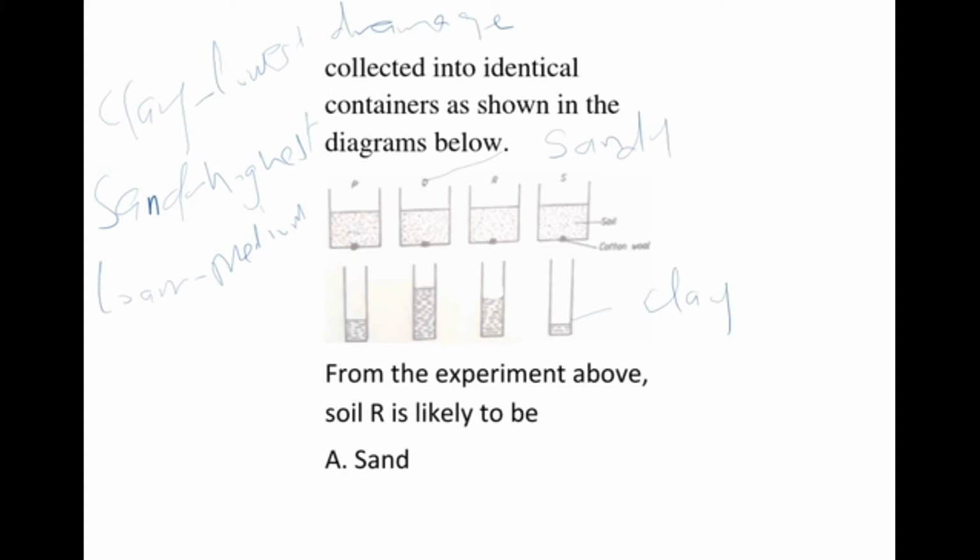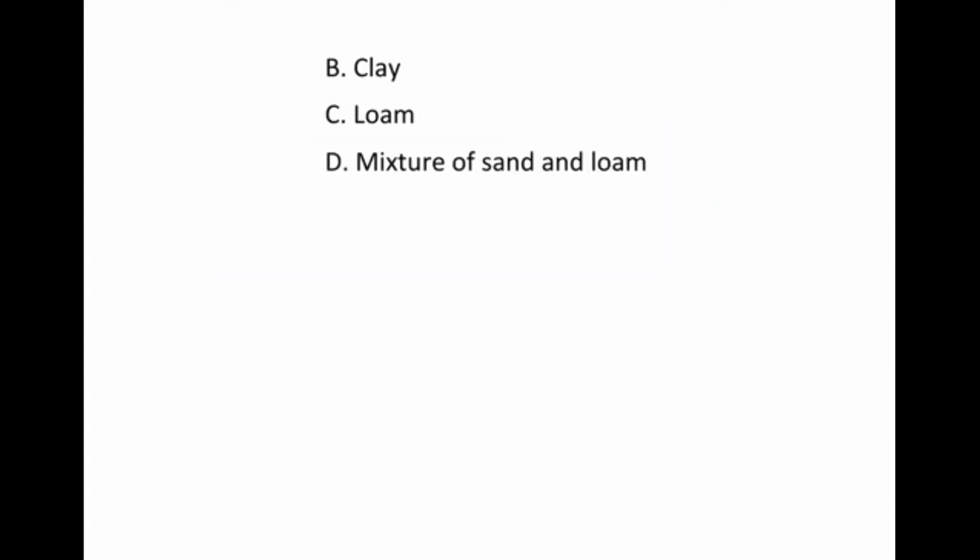Then we have the one that is not more or less, it is medium, that is soil R. It is neither low nor high, it is in between. This one is likely to be loam soil, which is a mixture of sand and clay. Therefore, the answer there is C, that is loam soil.